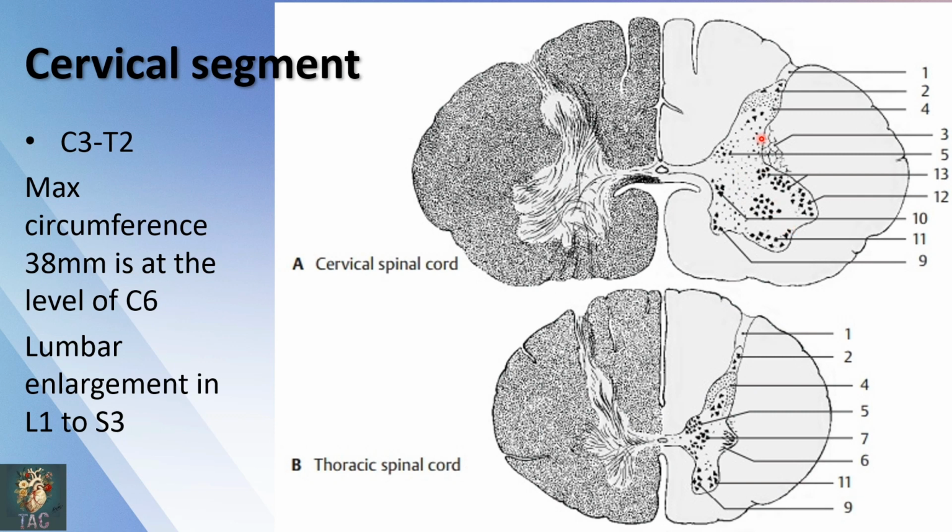So I repeat. At number 1 you can see the tract of Lissauer. At number 2 you can see the nucleus marginalis, basically called the nucleus posteromarginalis, which is present in lamina 1, called the lamina marginalis. Then at 4 you can see the substantia gelatinosa.